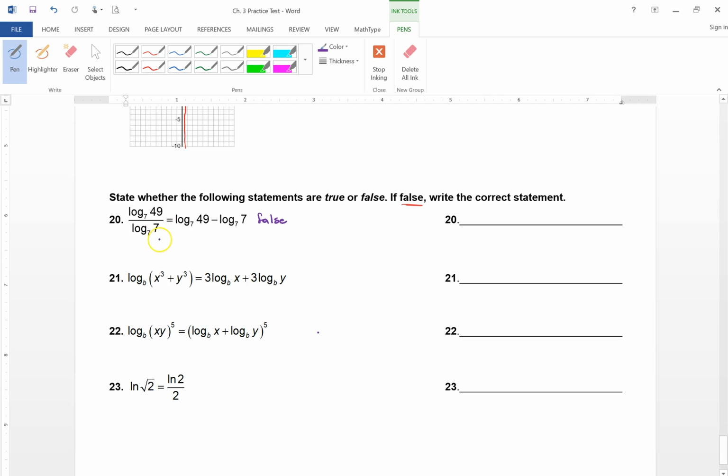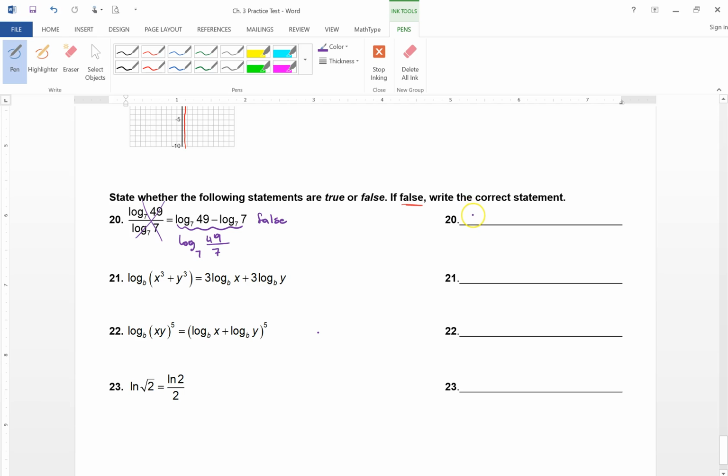This is just division of 2 logs. You can't bring this over this way. If you wanted to condense this, it would be equal to log of 49 over 7. Not this.